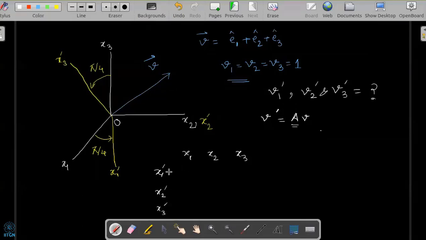Angle between x1 dash and x1 is how much? It is pi by 4 because it is rotated by the 45 degree angle. Angle between x1 dash and x2.